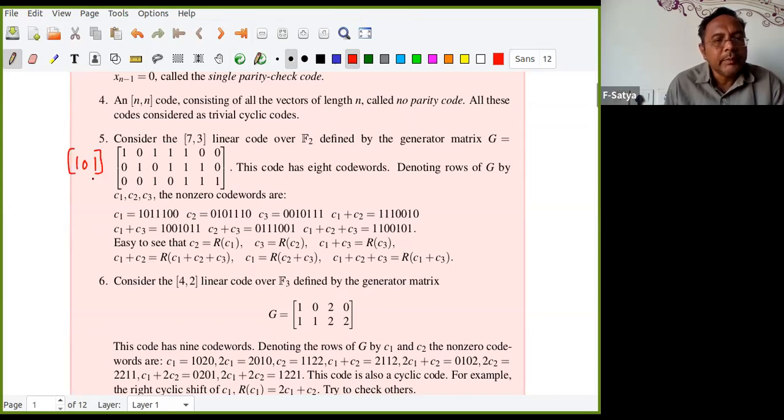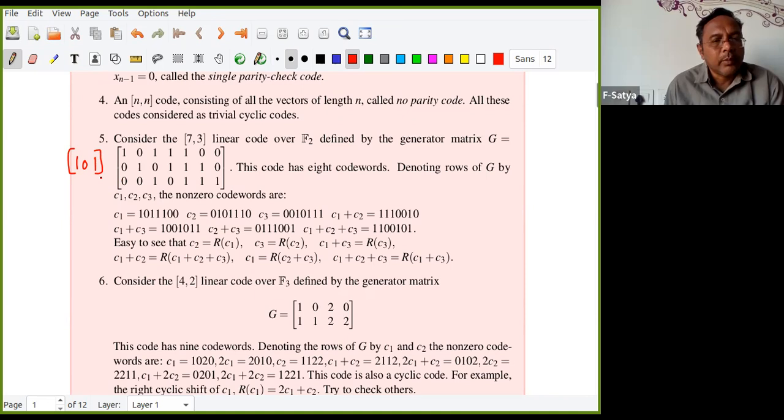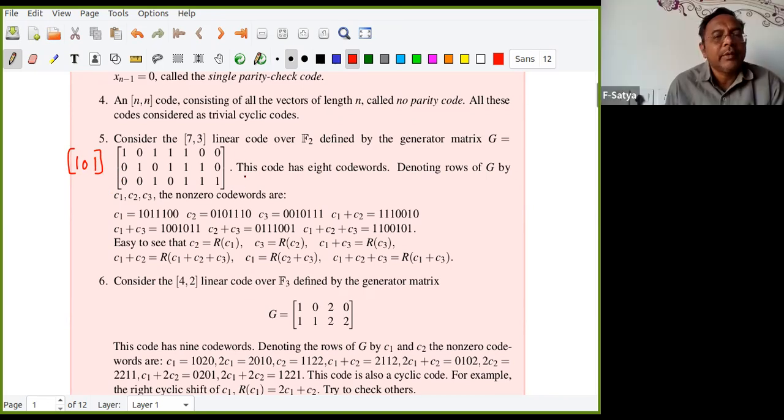Do you remember the meaning of that? It is the sum of the first row and third row. If you multiply on this side, it is row sums; if you multiply on the other side, columns.